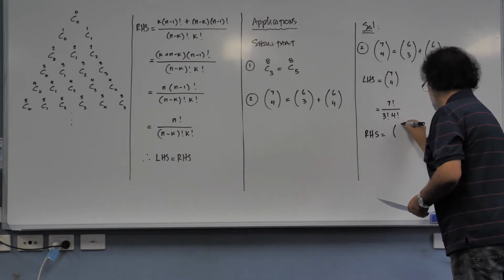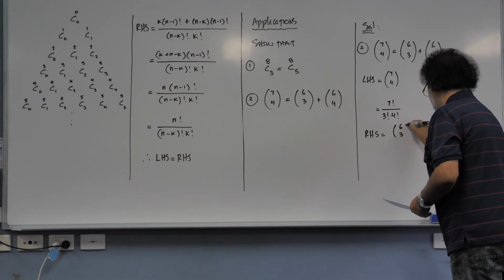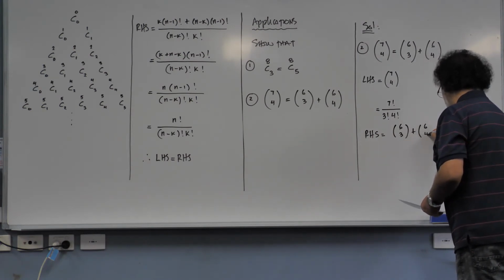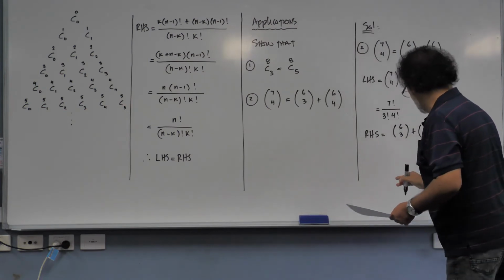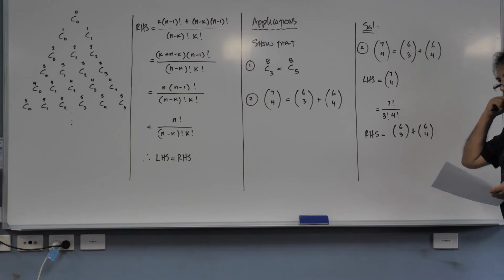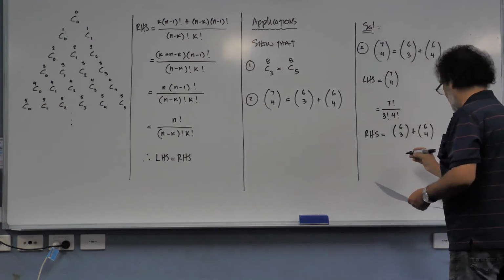So we have 6 take 3 plus 6 take 4. Okay, so we need to manipulate this until we get that. Right? Okay, so here we go.